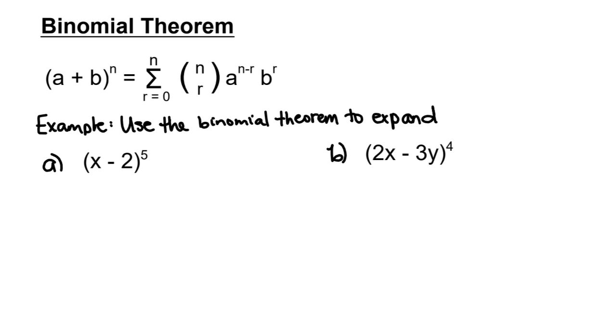But the coefficient before we use those is just going to be that combination. So what we do when we're expanding this is take the sum from 0 to n, where n is our exponent.